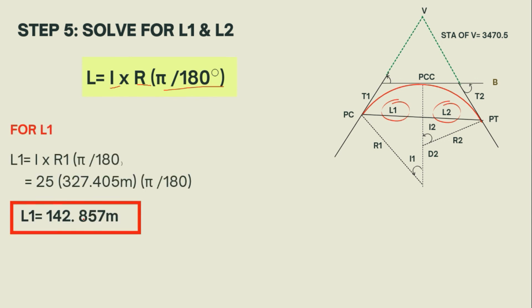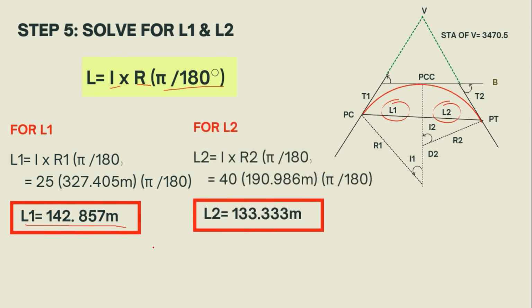Just substitute those values and we can get the value for L1 of 142.857 meters, and for L2 we can get the value of 133.33 meters.